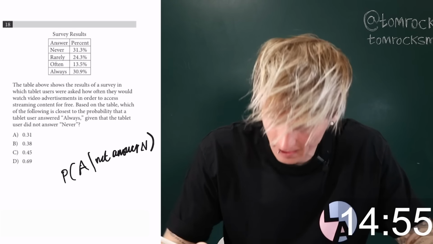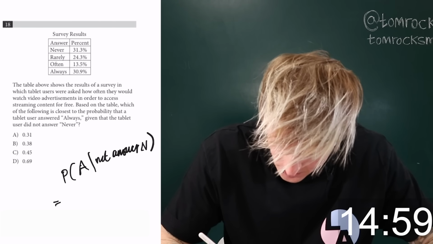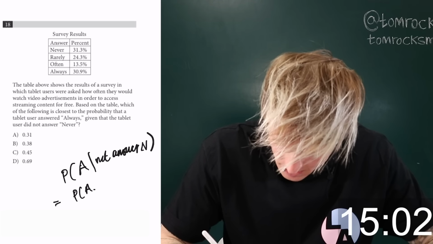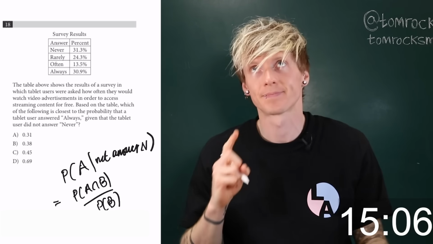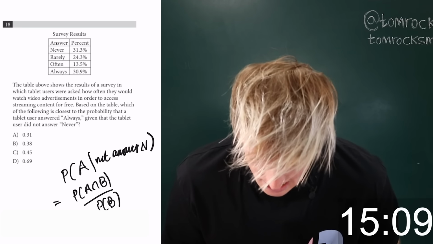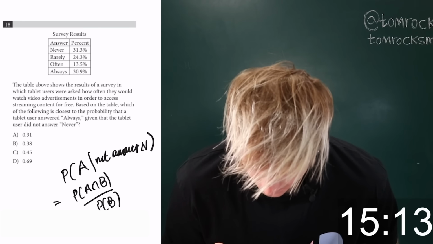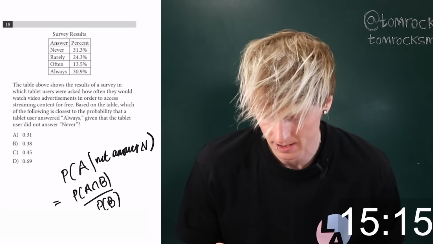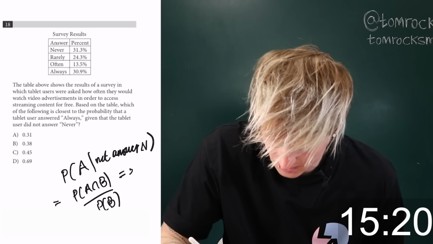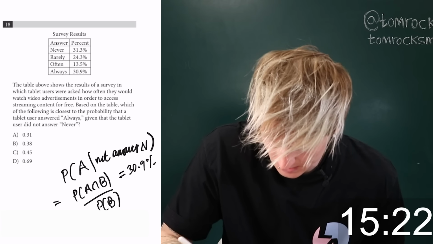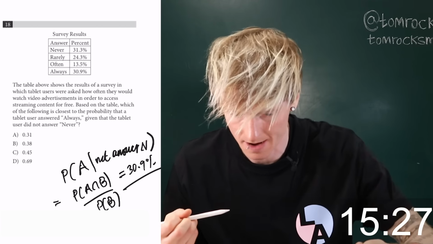Bayes' theorem: probability of A given B equals the probability of A and B out of the probability of B. So A and B, answering always and not answering never, is just always, so that's 30.9%, out of all of the things that weren't never.